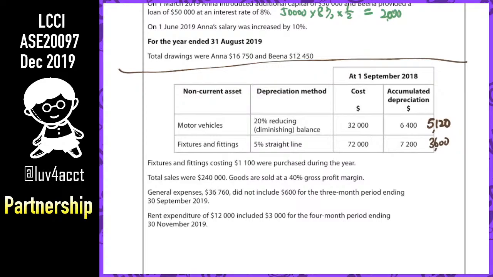Fixtures and fitting, costing, add this one first. So 72,000 add 1,100, 5%, 3,655.